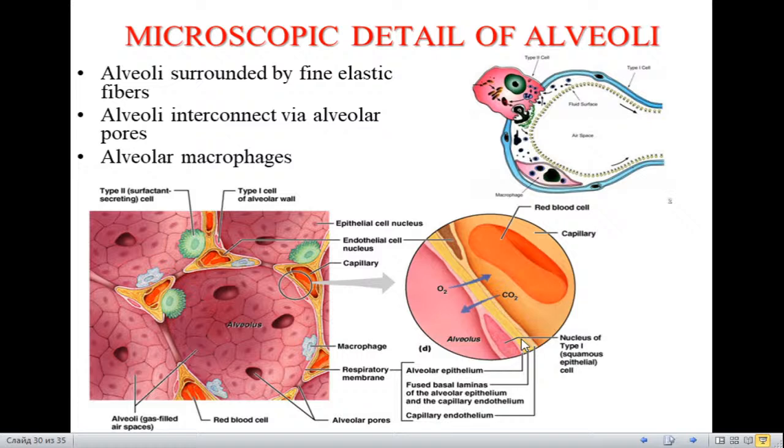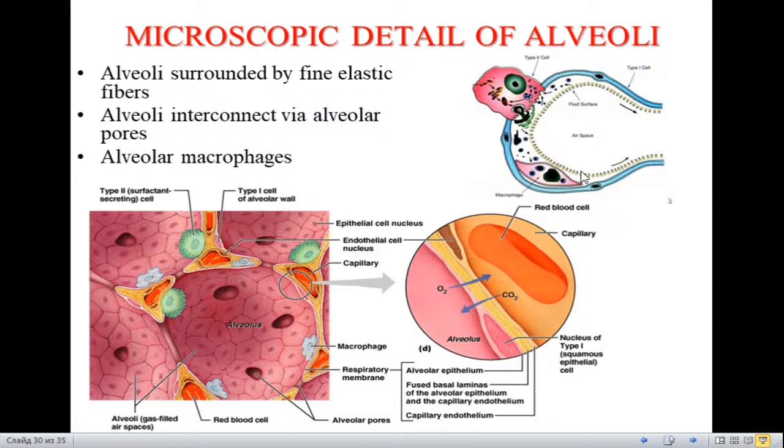For preventing the closing of the alveolar walls, we have a special substance, surfactant, which covers the internal surface of the alveoli, preventing their closing and preventing the collapsing of the lungs.